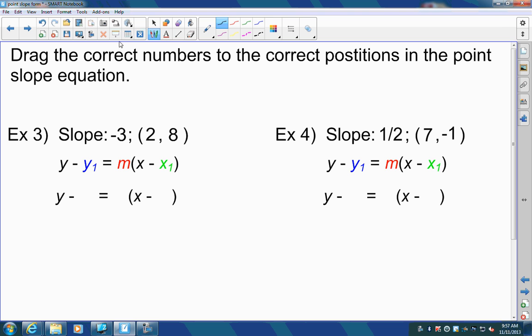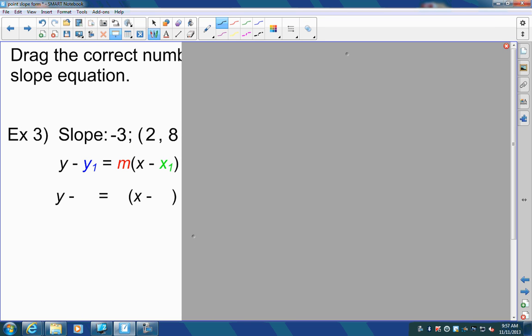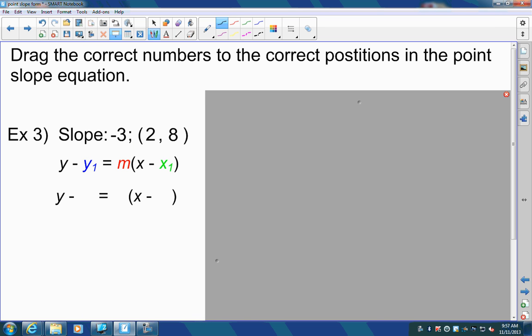So let's look at number 3. Number 3 gives us the slope and the x1 and y1. So now what we're going to do is just put the correct numbers in the right spot. So first off, I know that this slope, this is my m. Then I have my x and my y. So negative 3 goes right here.